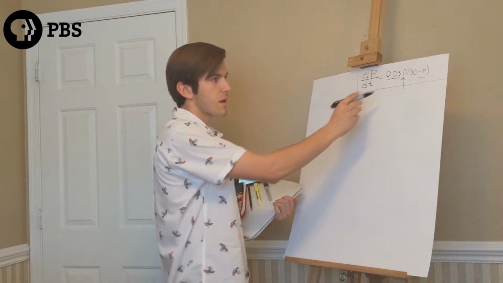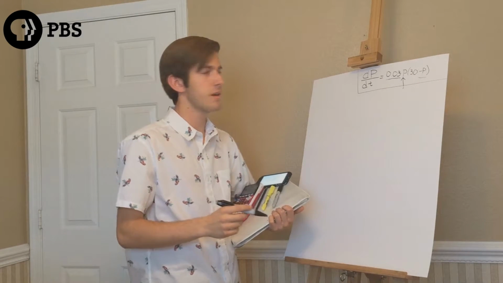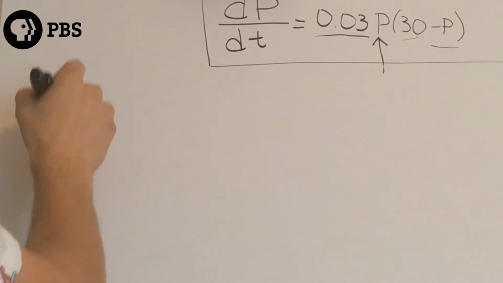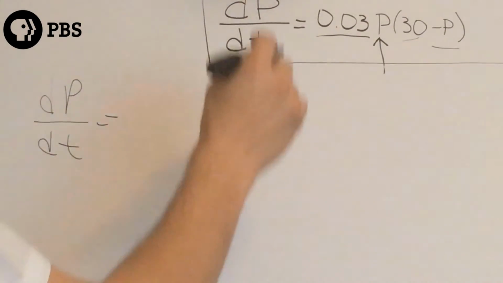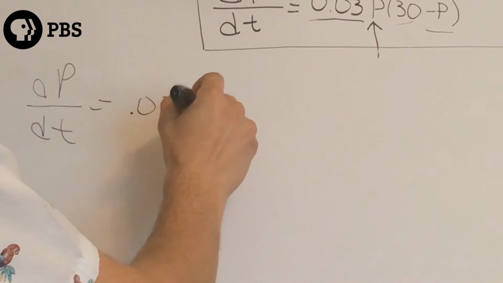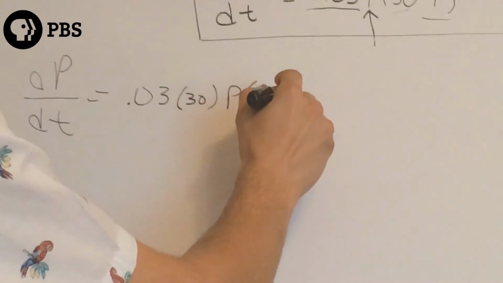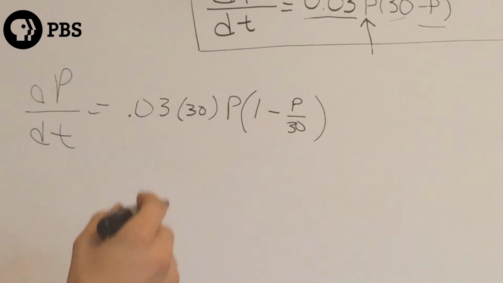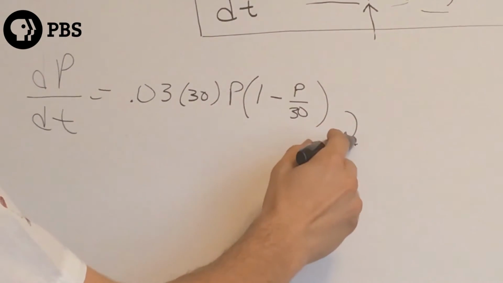First, we can factor out a 30 because in order to simplify the differential equation, you have to get this number to a 1. So we'll have dp dt equals, let's factor out that 30 there, 0.03 times 30 times p again, which stays there, times 1 minus p over 30. Now, we can simplify this even further.